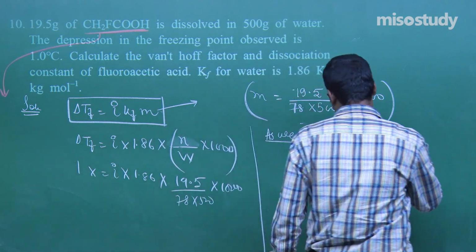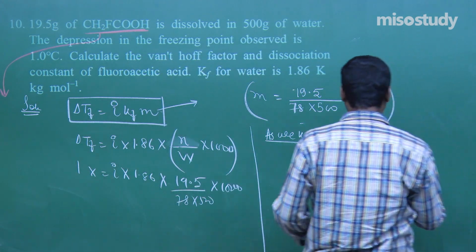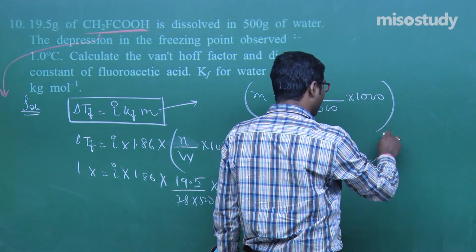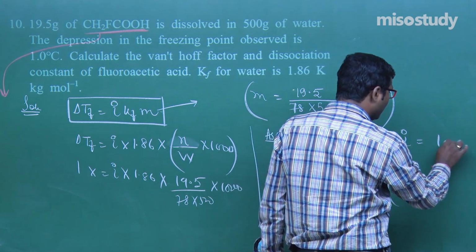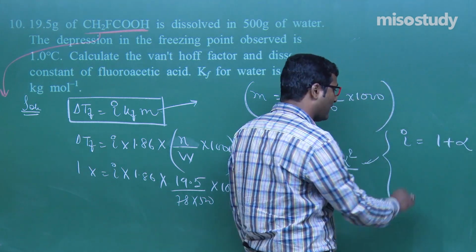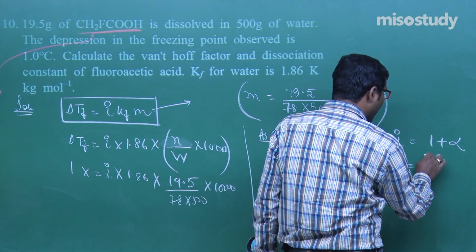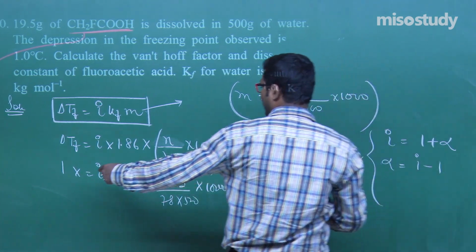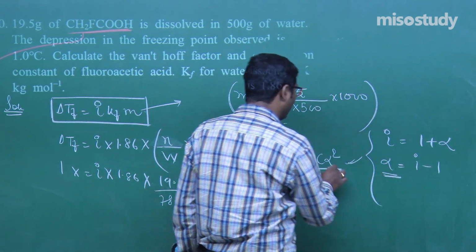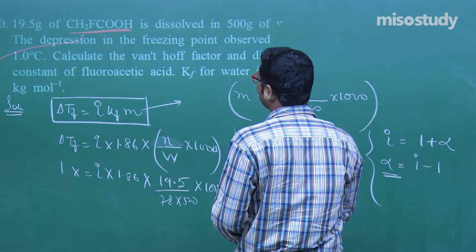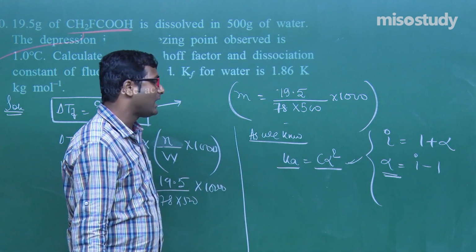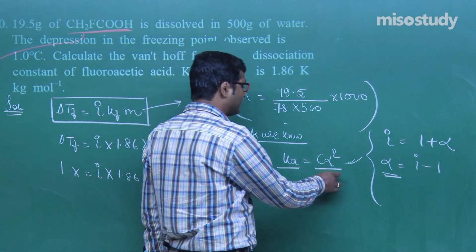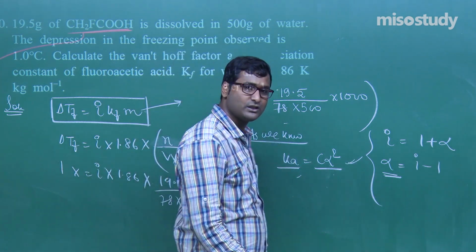What is the i value? i is equal to, as I told you, 1 plus alpha, and alpha is equal to i minus 1. You can get i from here, you can get alpha, put this value, and concentration, we know, is equal to the molarity. If I take 1 mole, then with alpha square we can get the dissociation constant.